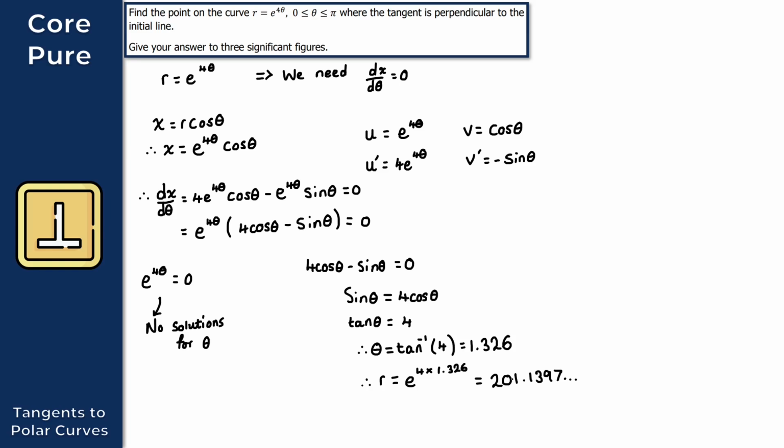Okay, so we're looking for the point here, so let's give this as a coordinate. Don't forget that for polar coordinates, our point is r, theta.